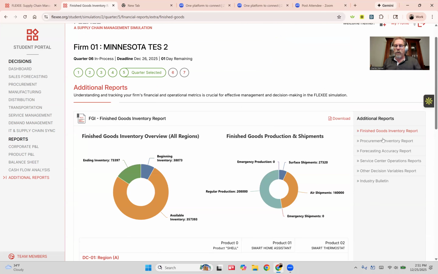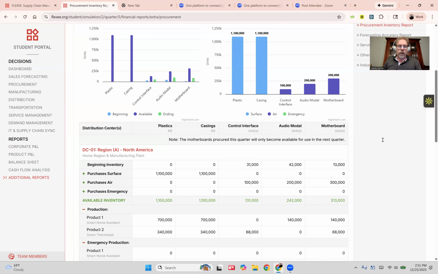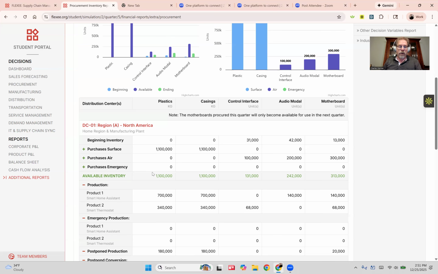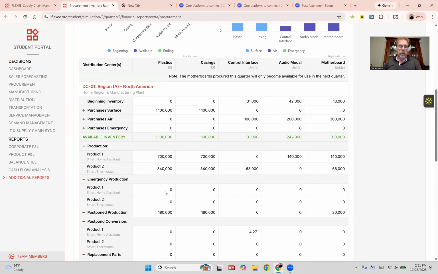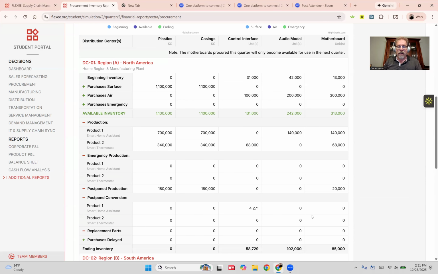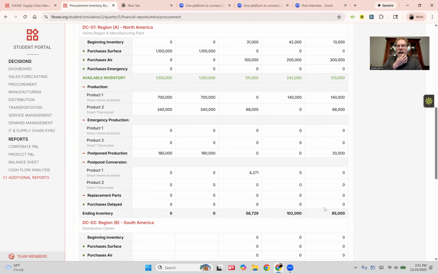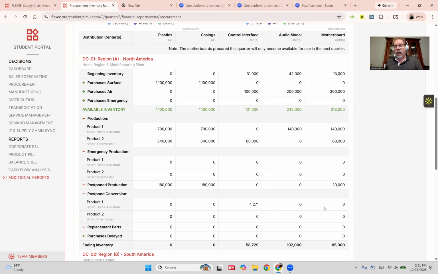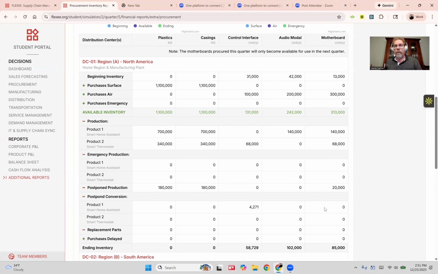Going back on top, we've got procurement. On the purchasing side, here's what came in for components, here's what was used for production, any postponement, and then any ending inventories. Now, I made the comment in manufacturing, and I'm going to capture it here. I don't know that I made it in the procurement decisions, but the motherboards you decide on this round will not come in until next round.